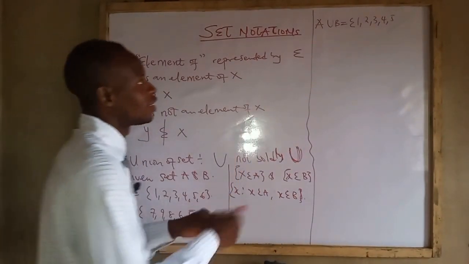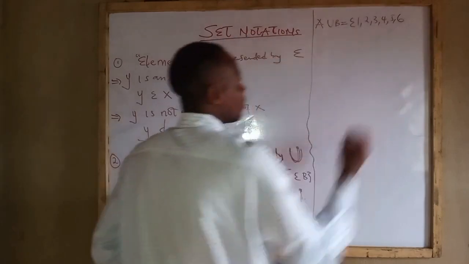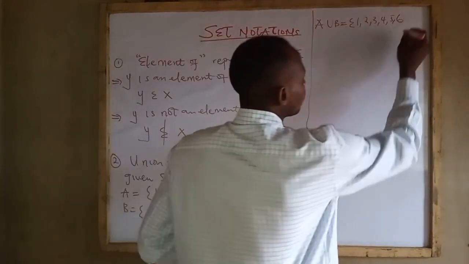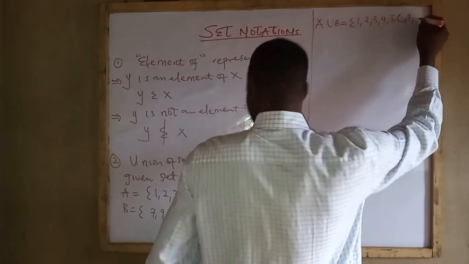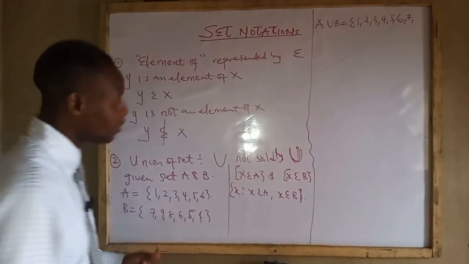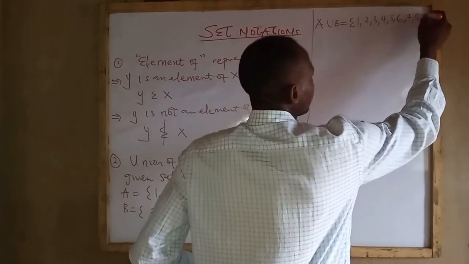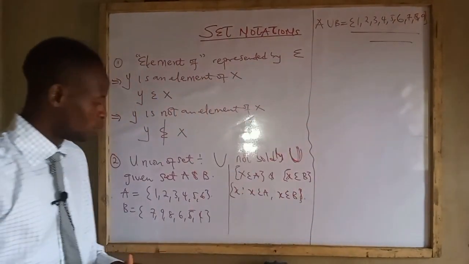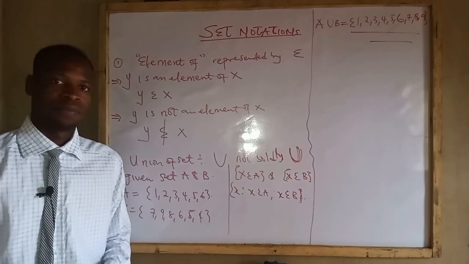Then 6, also without repetition. Then we go to 7, then 8 and 9. So this is the result of combining these two sets together.